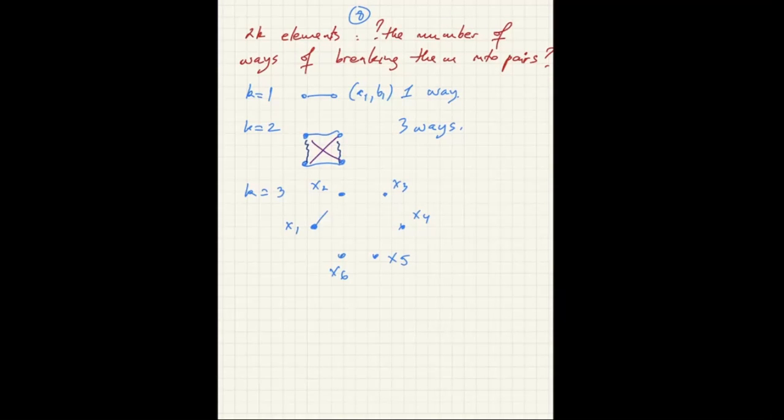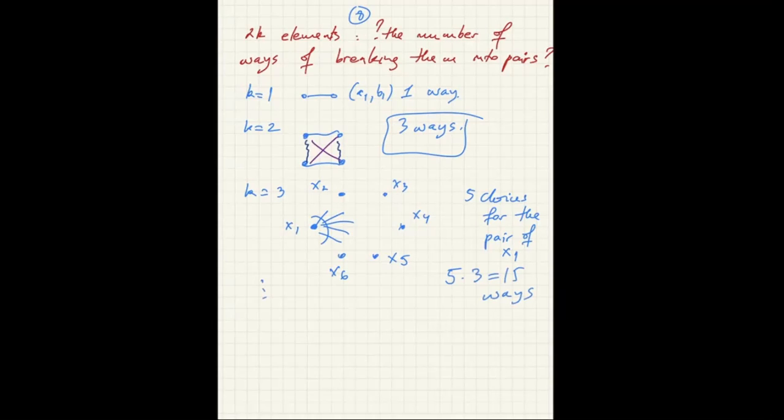How many choices does it have? Well, you have 5 choices for the element that pairs with x1. Once you pair x1 with such an element, you're left with 4 elements, and you know that 4 elements can be paired in 3 ways. So the answer is 5 times 3, which is 15 ways.